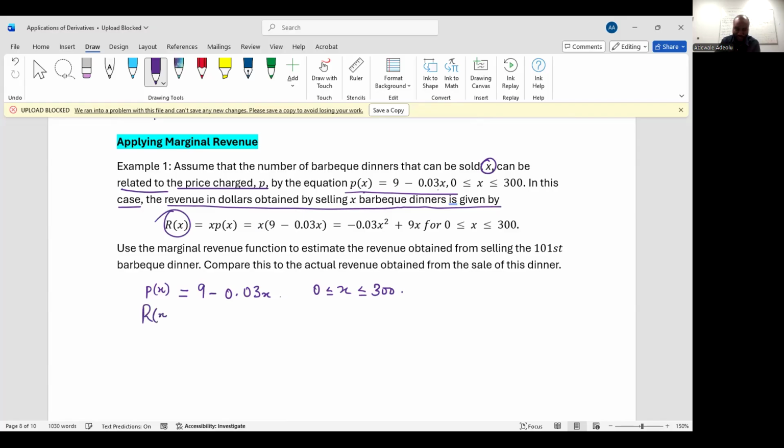Revenue that you generate is the unit price multiplied by the number of items you're selling. So in this case, that is X times P of X, that is 9 minus 0.03x. So that is 9x minus 0.03x squared.